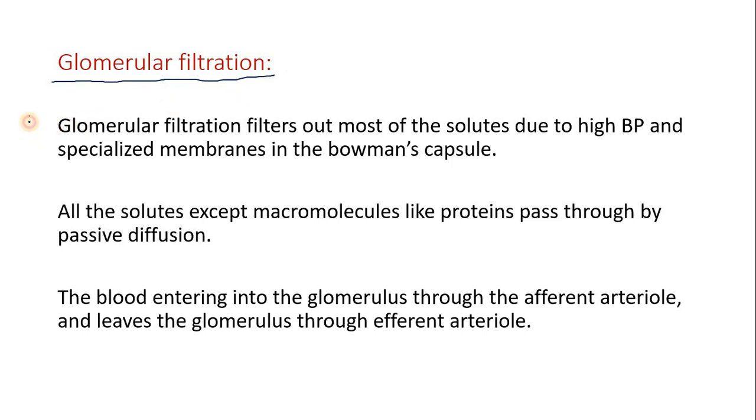Here I have written in the first point, glomerular filtration filters out most of the solutes due to high BP, that is blood pressure, and specialized membranes in the Bowman's capsule. How glomerular filtration occurs? Glomerular filtration is simply a passive process.